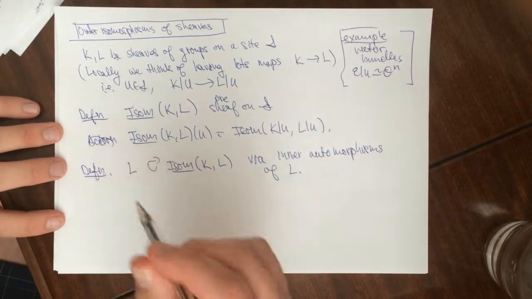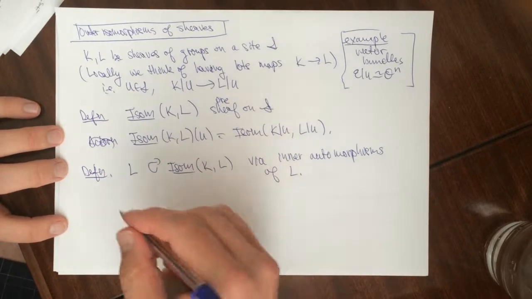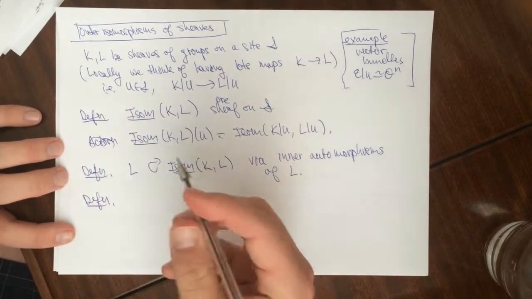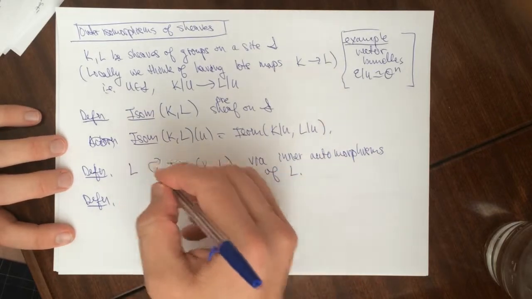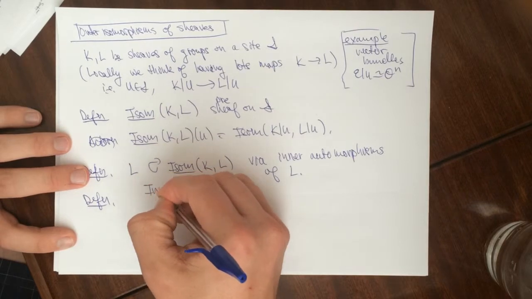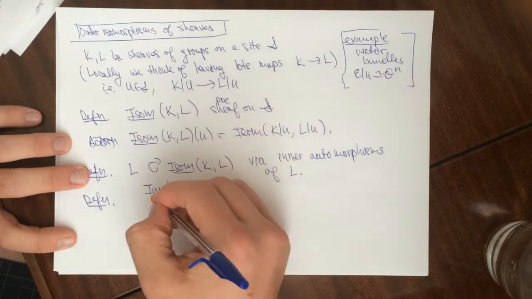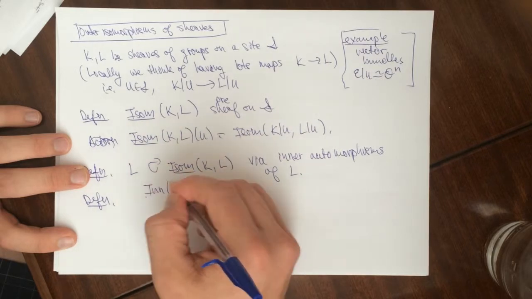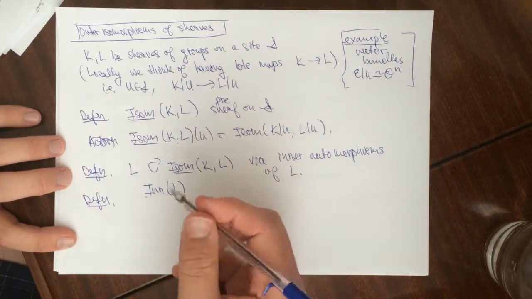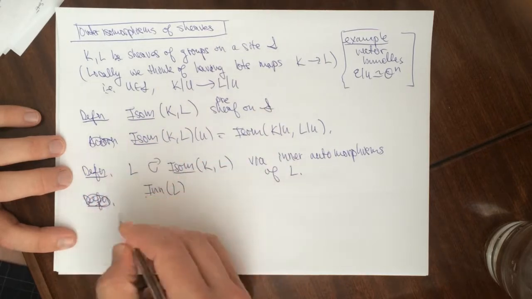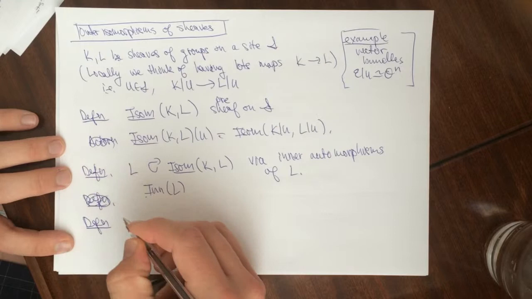And then we can define a pre-sheaf. Let's maybe call this Inn L. This is a sheaf, and this is the image of the action in L. So then let's make a definition here.